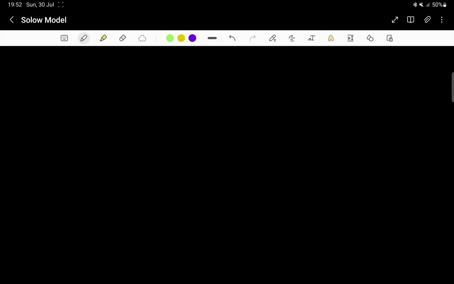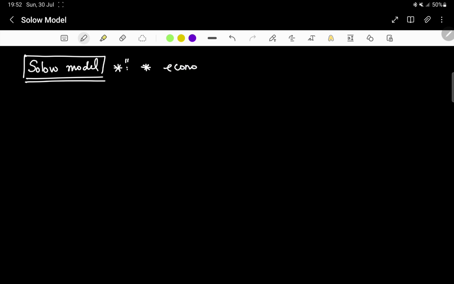Hello guys. In this particular session, we will be looking into the Solow model. Solow's model of economic growth is tremendously important because it was the basic model which tried to explain economic growth, and it also has macroeconomic implications.